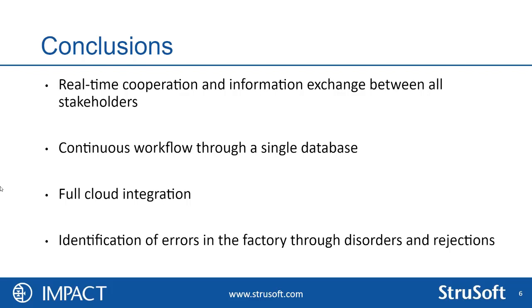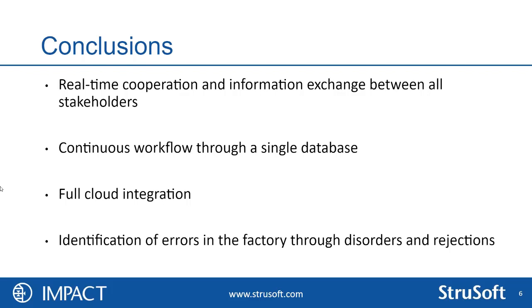And also, last but not least, Thomas? Yeah, maybe we made it a little bit fun about the disorders and rejections, and this is something that everybody wants to avoid, but things happen, and it's better to keep control over it and identify a pattern, because you are identifying it through the same database, so you get some data going into the future, and you know that a rejection might happen in the same place in the same factory, so you know that you may need to replace some machinery or something in the factory.